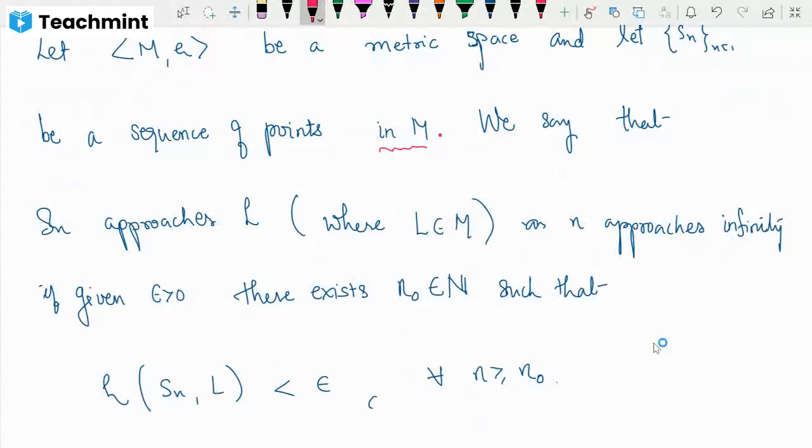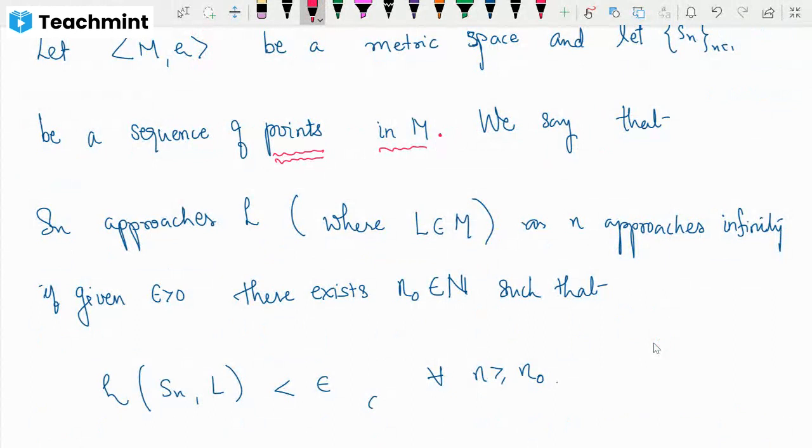So usually, in future, we will call elements of capital M points. This word points stands for elements of capital M because elements of capital M look like points. So we say that Sn approaches L, where L is an element of M, as n approaches infinity.